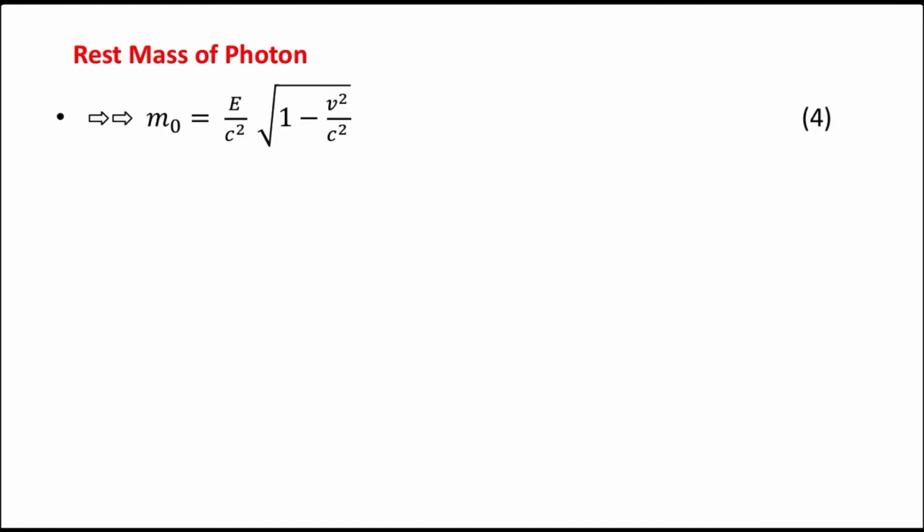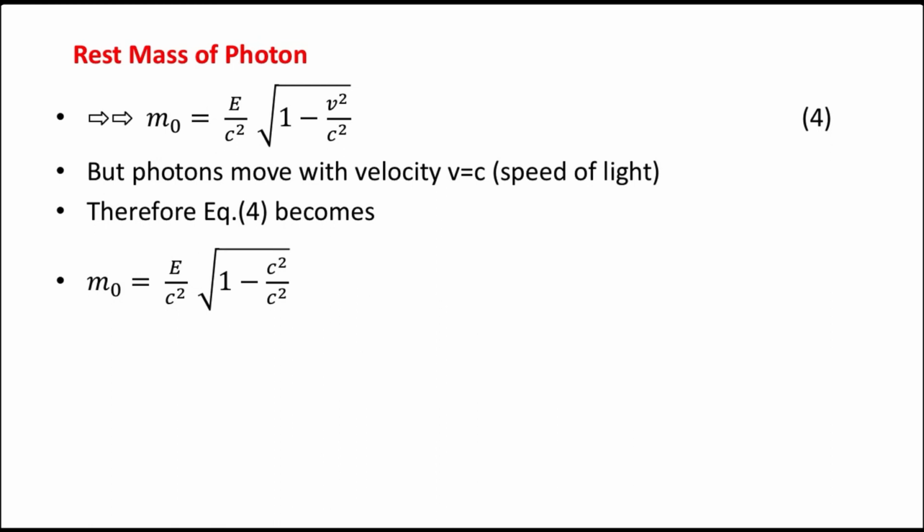So on solving, the rest mass of photon m0 is equal to E upon c square under root of 1 minus v square upon c square. This is equation 4. But photons move with a velocity equal to the speed of light, so v is equal to c. Therefore, putting v is equal to c in equation number 4, we get m0 is equal to E upon c square under root of 1 minus c square upon c square.